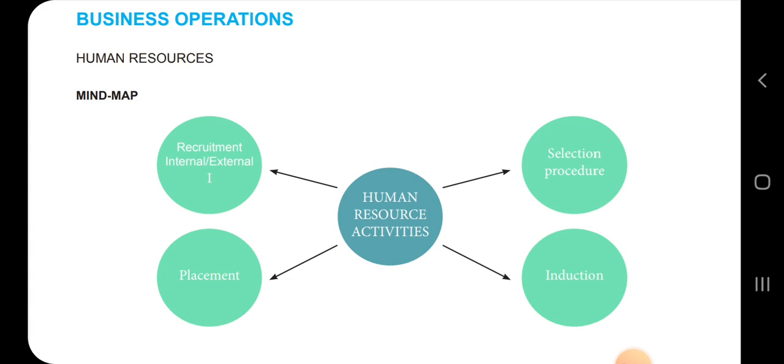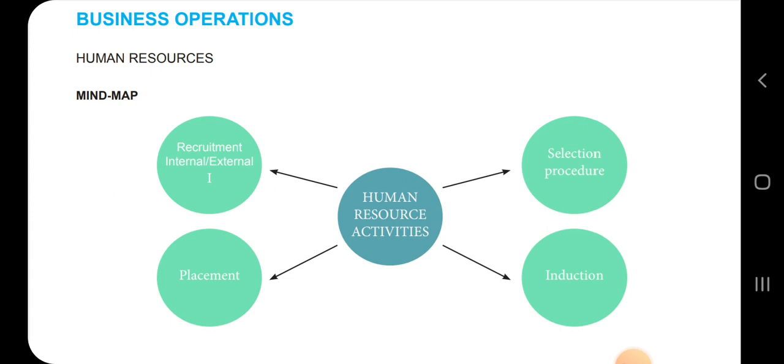And then induction, a person being introduced, after being hired, to everything in the workplace, the people they are going to be working with, the spaces they will frequently work in inside that business, and their placement, being placed on a job. Then recruitment, and internal and external recruitment. So, how people are hired.